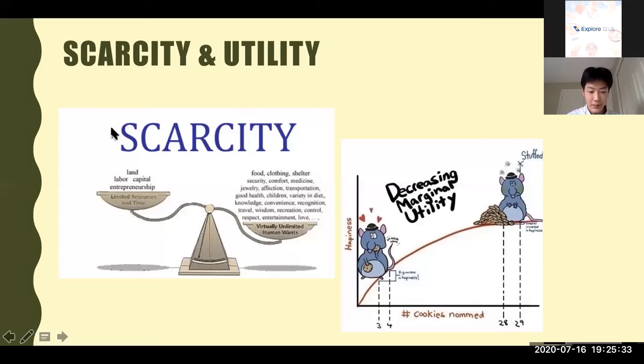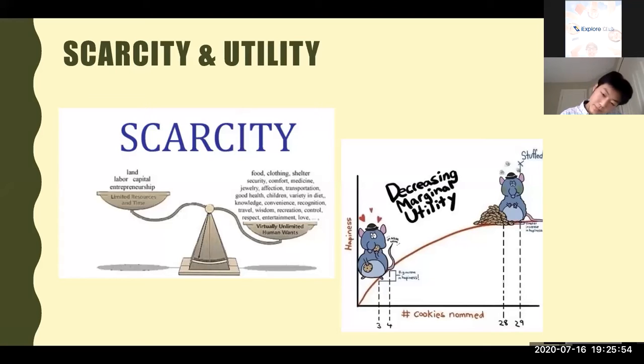At the same time, utility. So as you can see on the chart, when the rat is eating cookies, at first he's very happy because the cookies are delicious. And when he has eaten 3 or 4 cookies, he's still wanting for more.